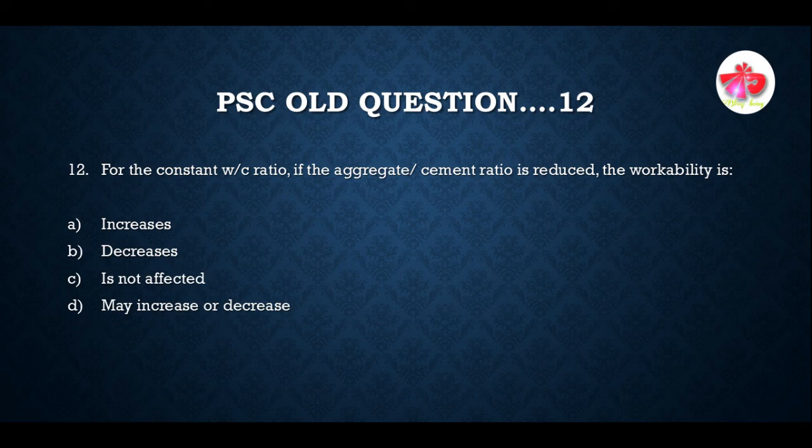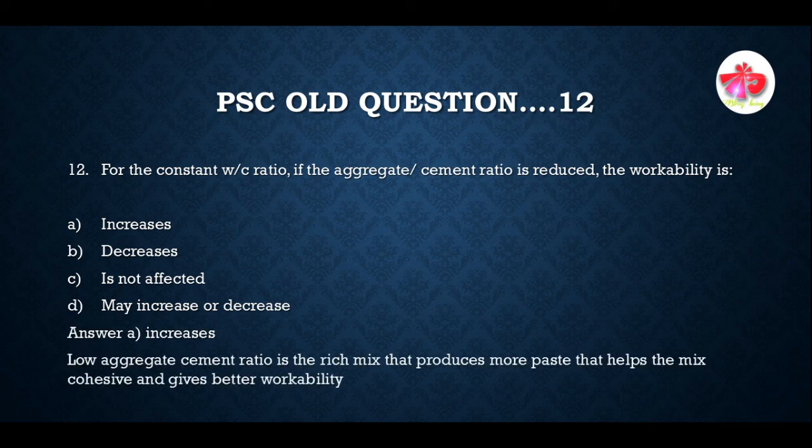So friends, whenever the aggregate cement ratio is reduced, the workability of the concrete mix will always increase. So option A will be our correct answer. This is because the low aggregate cement ratio is a rich mix that produces more paste, which helps the mix be cohesive and gives better workability.